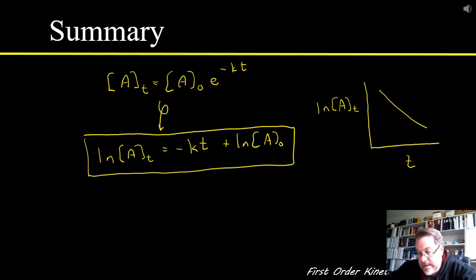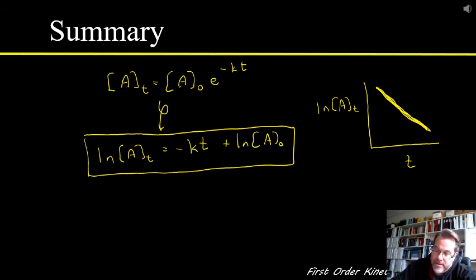A straight line is important for a couple of things. One is straight line graphs are just easy to work with. The second thing is, and I don't think I mentioned this before, but I'll say it now. If you plot the natural log of the concentration as a function of time and you get a straight line, that's a really good way to prove that a reaction is first order. If you just look at concentration as a function of time and you get that curve, it's kind of hard to tell whether it is first order or second order.